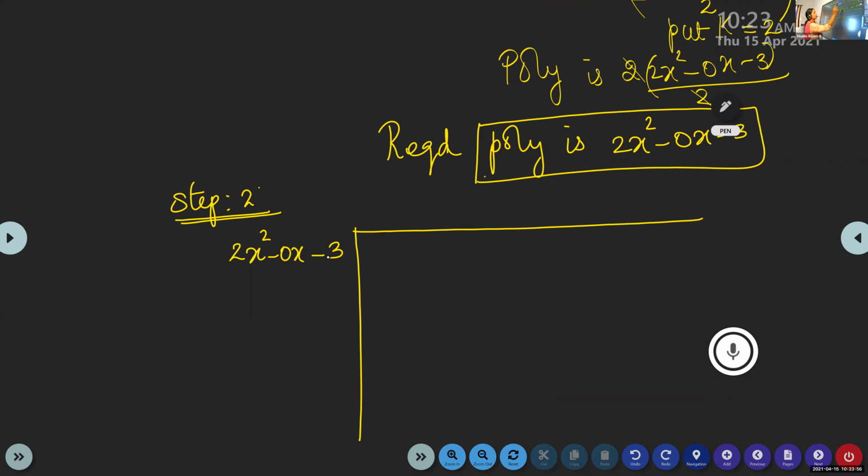The given polynomial is 2x raised to 4 minus 2x cube minus 7x square plus 3x plus 6. That one we are going to divide by 2x square minus 0x minus 3.